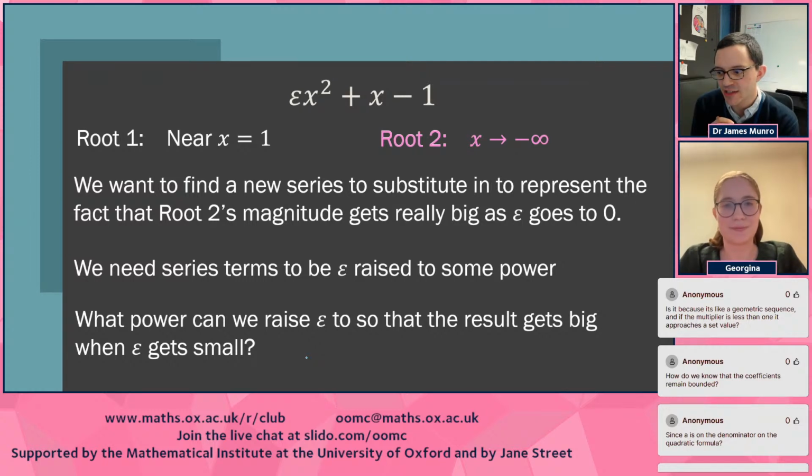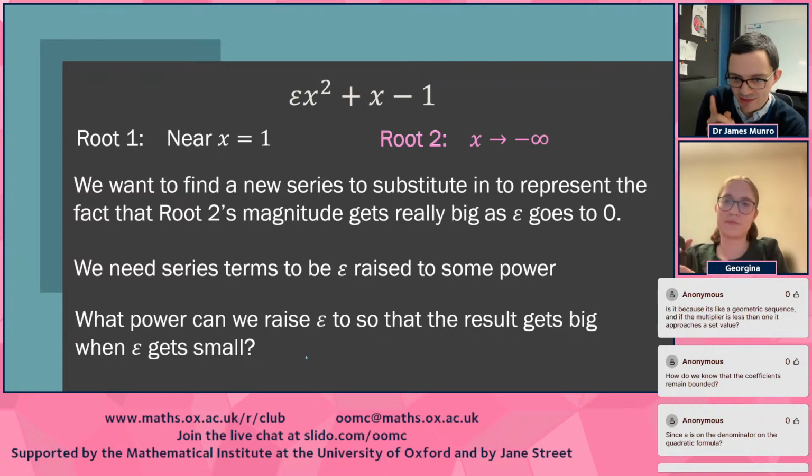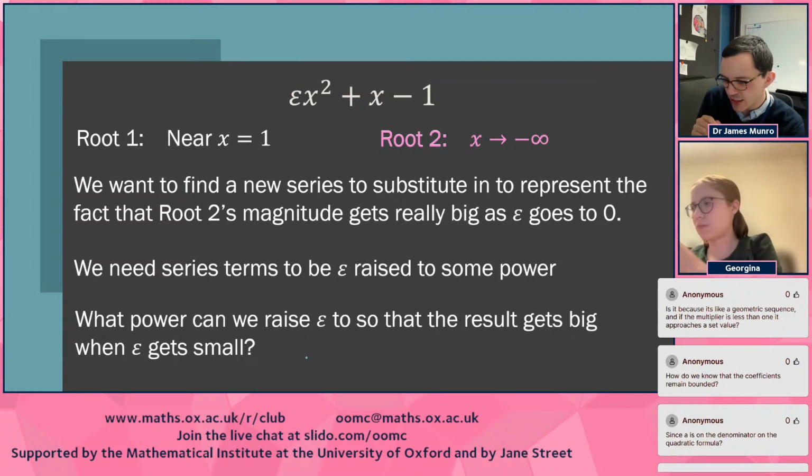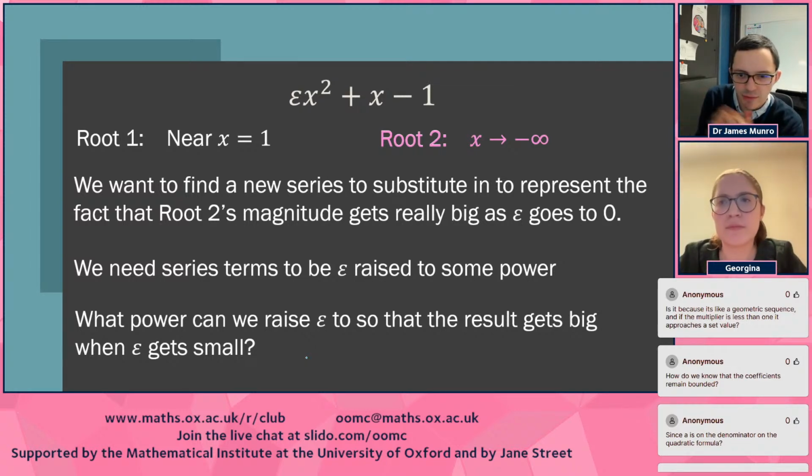We're trying to guess a different power of epsilon, which we can decorate with a numerical coefficient, but a different function of epsilon that can get really big, that is unbounded. So far, we've only considered things like a constant, or a number times epsilon, and these things are tiny or constant sized when epsilon is small.